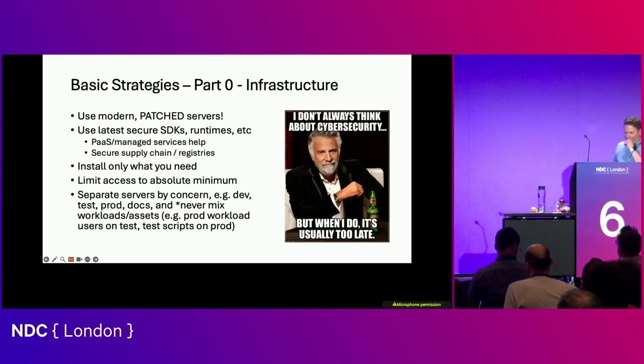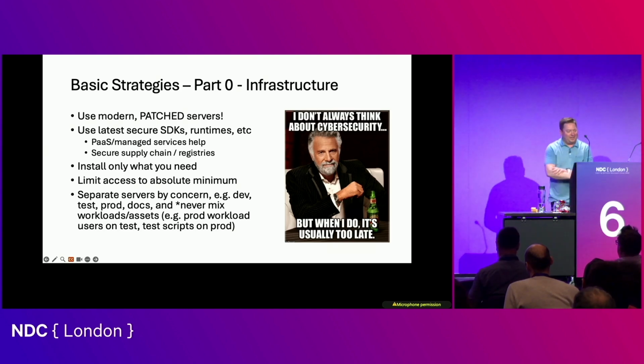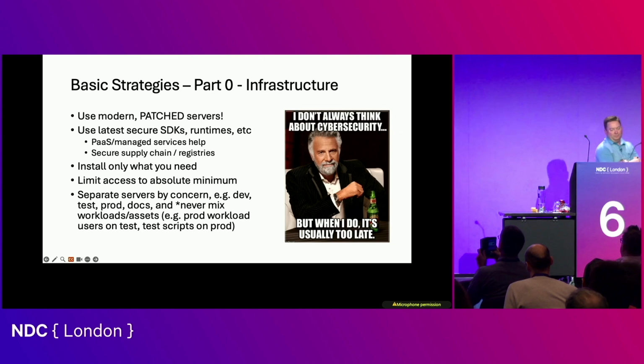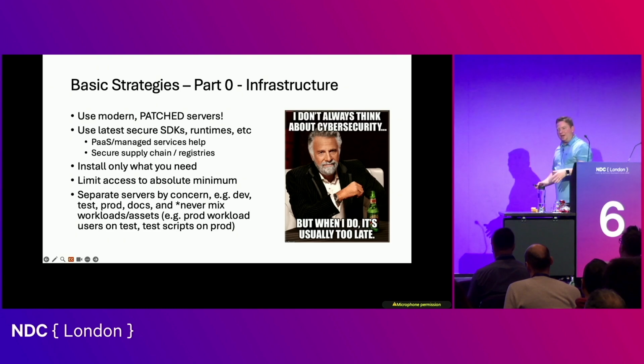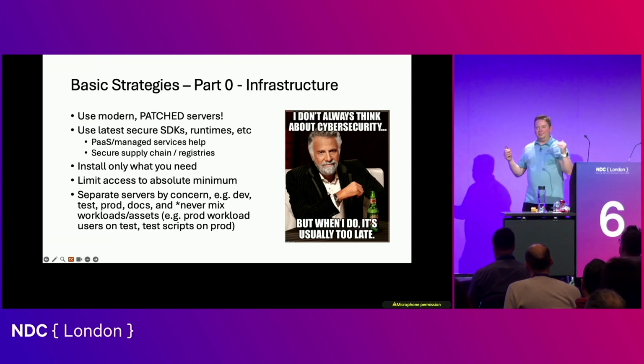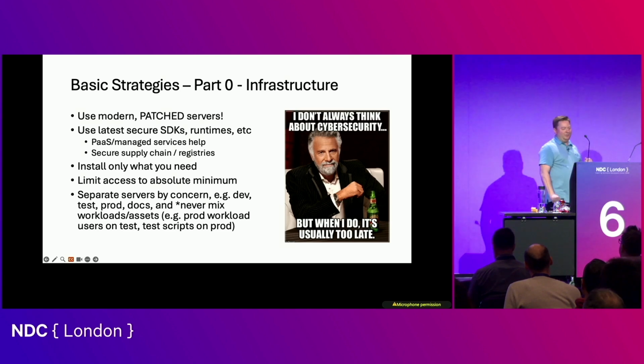All right, so basic strategies, number one. I'm going to be a little cheeky. Hopefully you're okay with that, with some of these memes. So most important thing, I know it's obvious, but using modern patched servers with modern DevOps practices, with modern vetted secure supply chains, libraries, registries, absolutely critical.